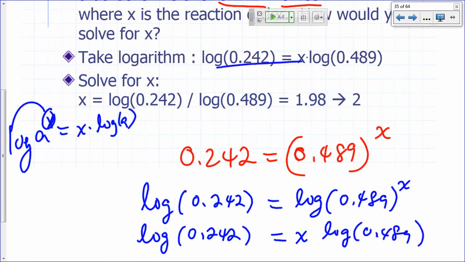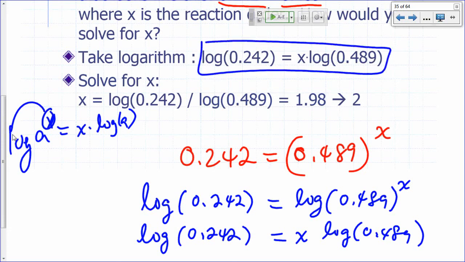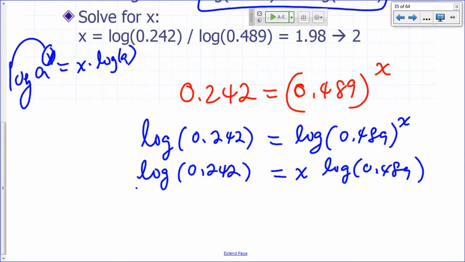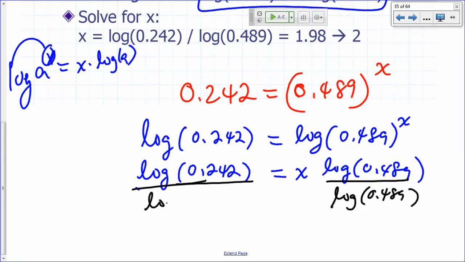Okay, so that's what you have right here. And now you can solve for x. You divide both sides by log of 0.489. And so that solves for x.